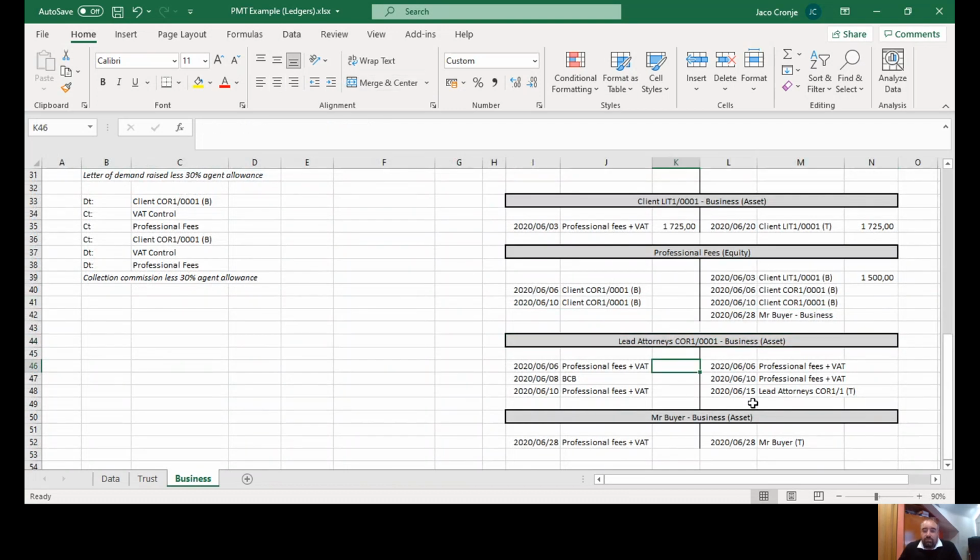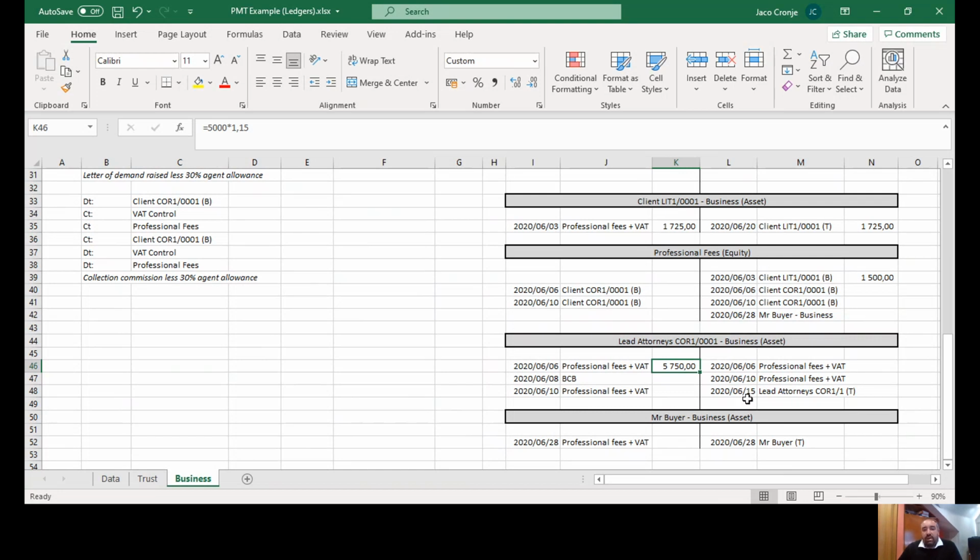So how much do they owe me? How much will they have to pay me for this? The answer is 5,000 Rand times 1.15, so the answer is 5,750. They will owe me the VAT on top of that amount.